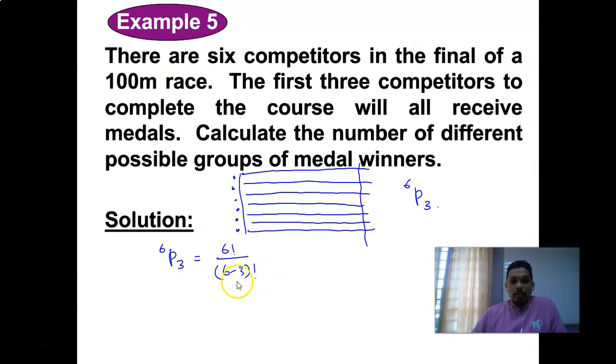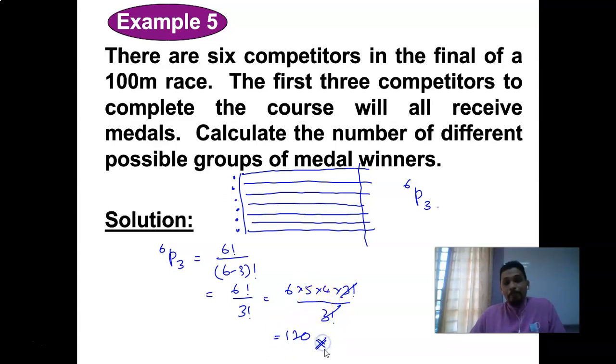Actually, you can just get the answer from the calculator, but I make the count manually. 6 times 5 times 4 times 3 factorial divided by 3 factorial. So 6 times 5 equals 30, and 30 times 4 equals 120.